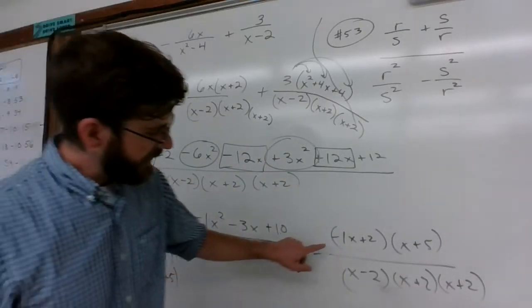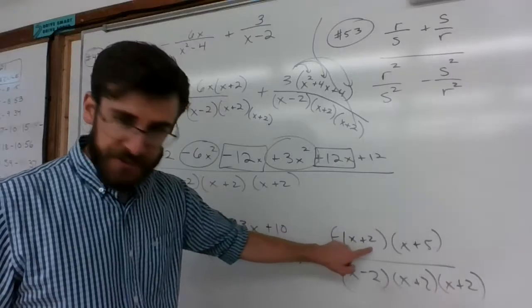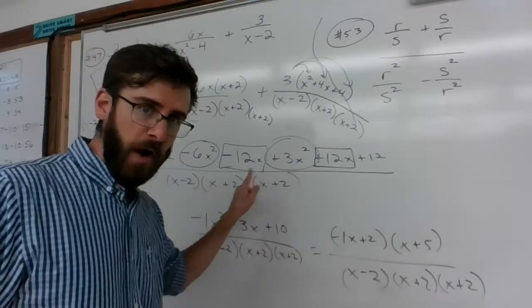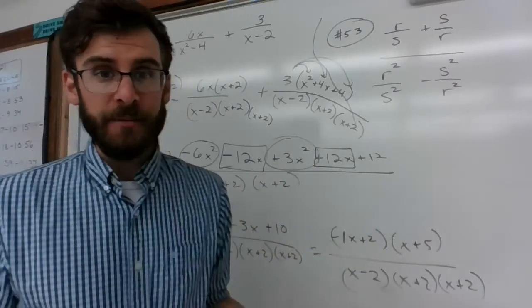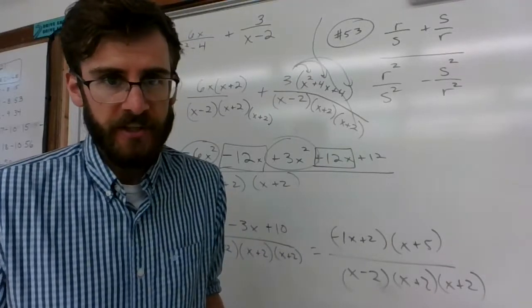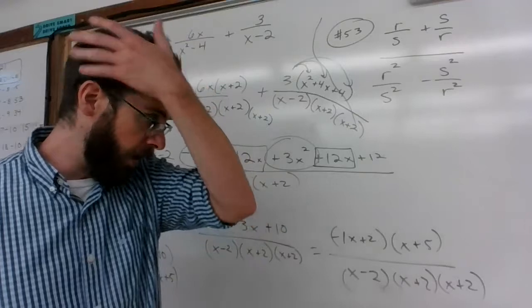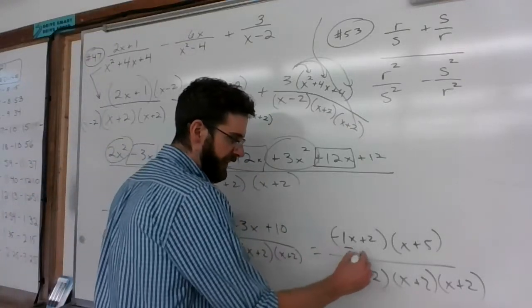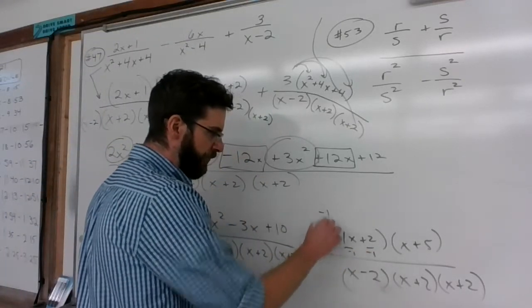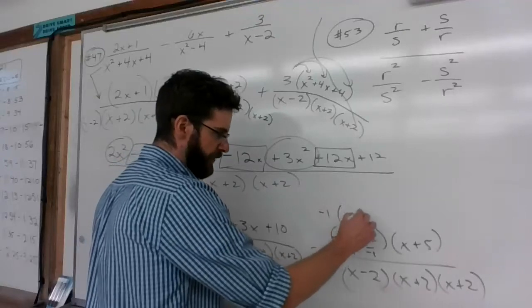Oh, look at this. Negative x plus 2. If I take a negative 1 out, you can randomly factor anything you want out. It's just like dividing. I guess you can't factor out a 0. But this negative 1, if I divide out the negative 1, you got a negative 1 out here and an x minus 2.